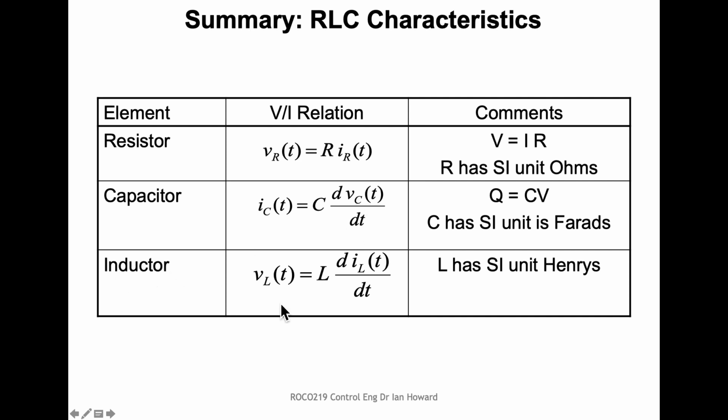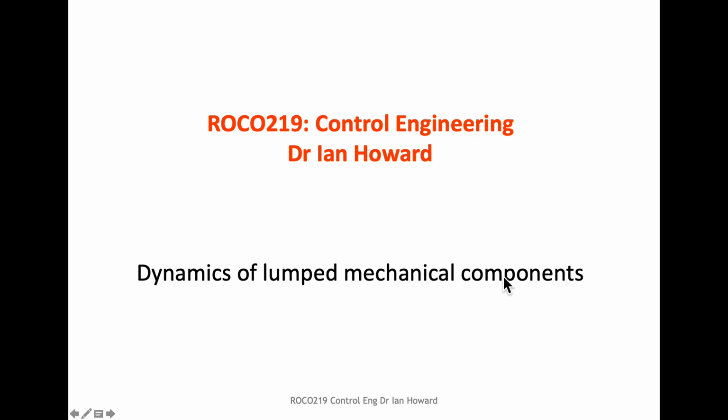And for an inductor, V = L di/dt. And this is just writing it in simple terms. V = IR, as we know, is Ohm's law. We can also have the version of a capacitor in terms of charge. So charge, Q = CV, Queen equals Victoria Cross, they used to say for that. And L, of course, is in Henrys.